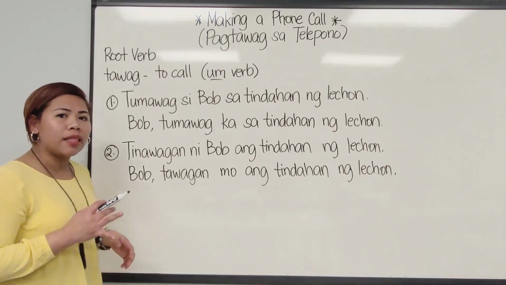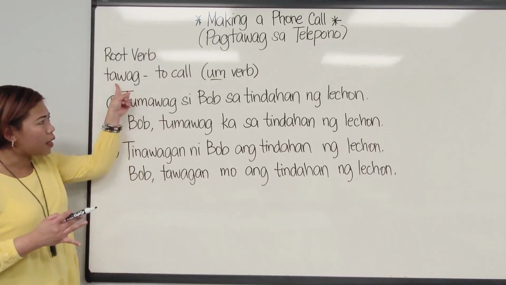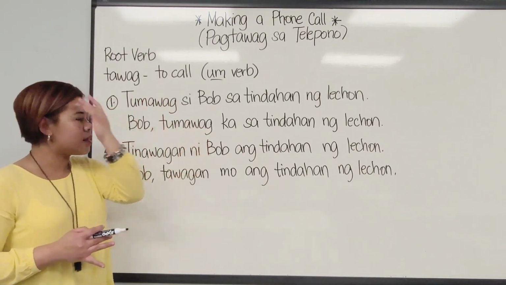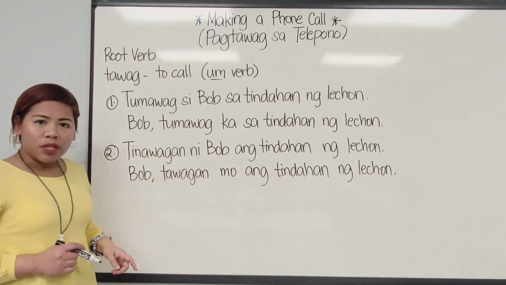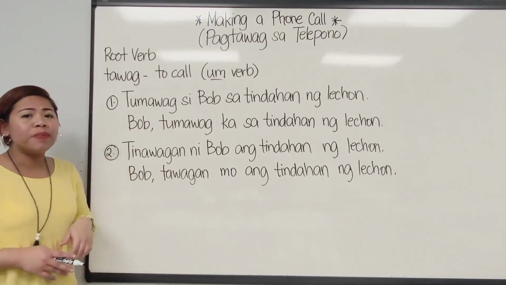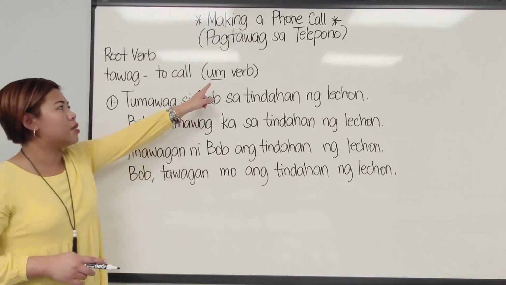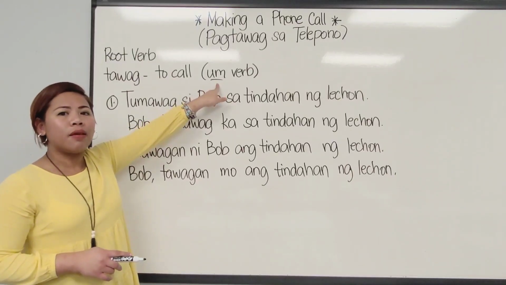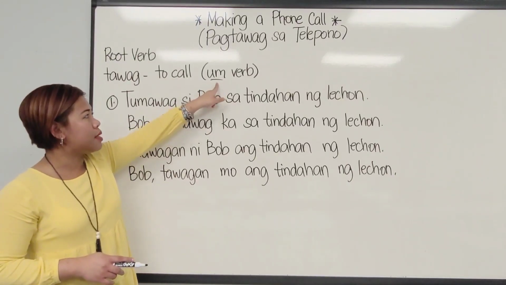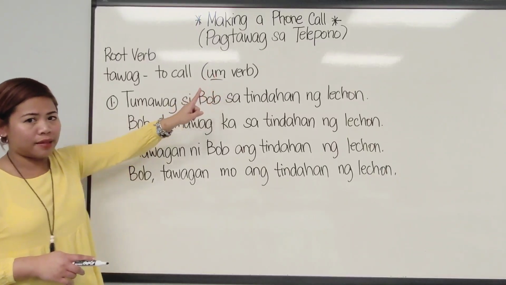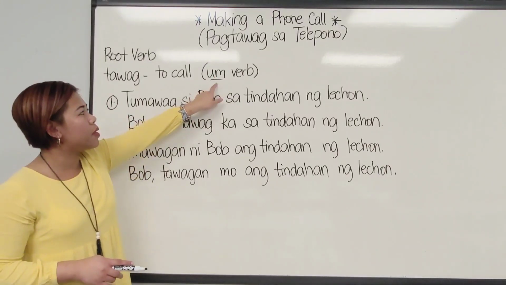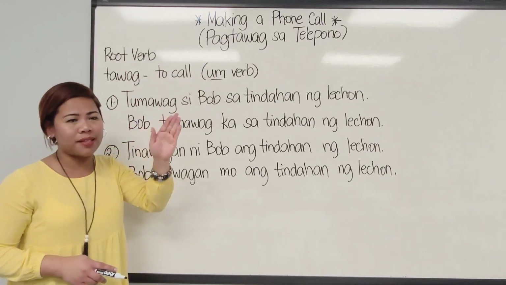To conjugate the verb tawag into different tenses, for the future tense, can you still remember the pattern? For future tense, if it is an verb, then in the future tense, you won't be able to see this affix yet. Not yet, because this one will become present in the present tense.